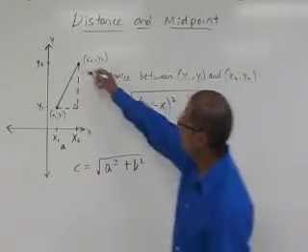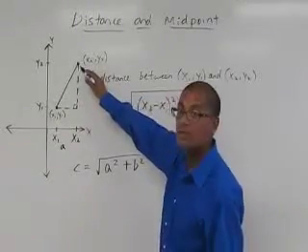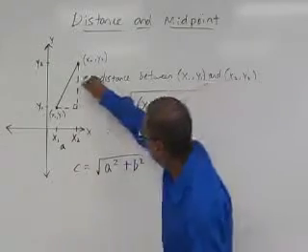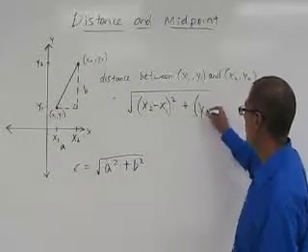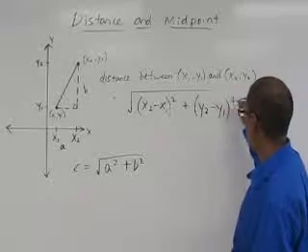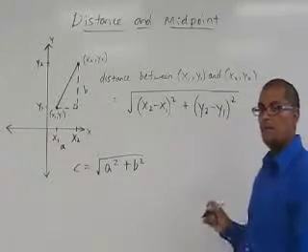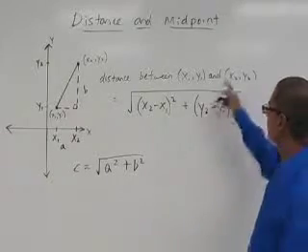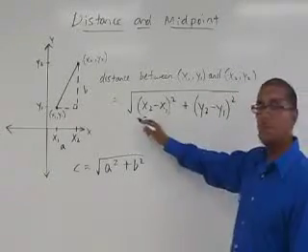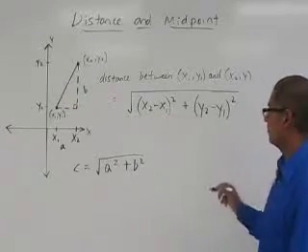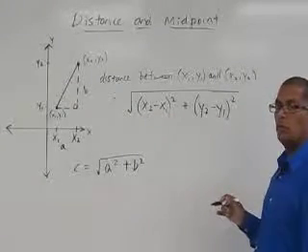The vertical leg of the right triangle is the difference in the y's. Think of this as b. b is equal to y2 minus y1, and we square that for the Pythagorean theorem. So the distance between 2 points x1, y1 and x2, y2 is equal to the square root of x2 minus x1 squared plus y2 minus y1 squared.